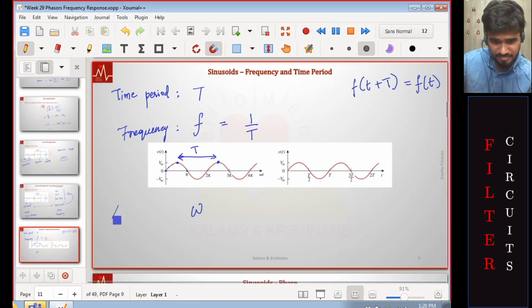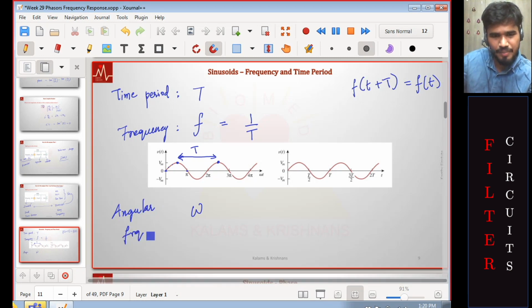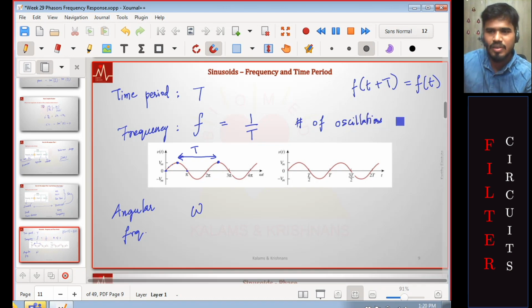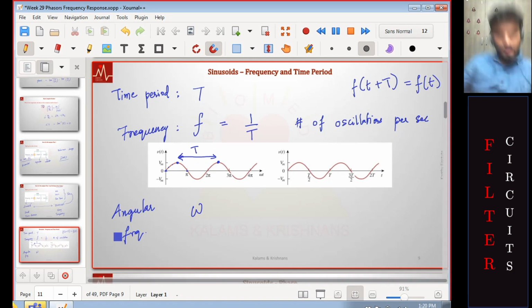And we have this thing called angular frequency. Now we have angular frequency. This is essentially the speed of this oscillation, or speed of this cycle. How do you know that?